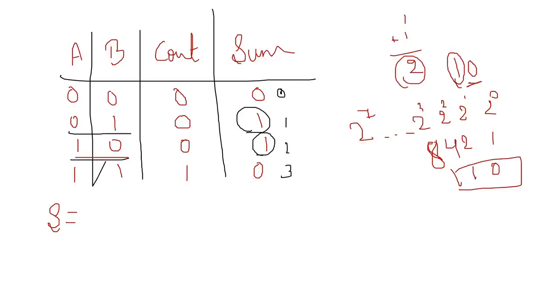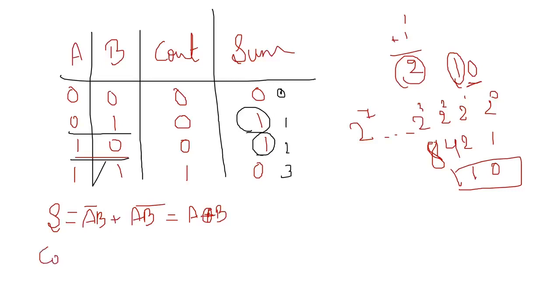So the sum will be A bar B plus A B bar. So it can be written as A XOR B.